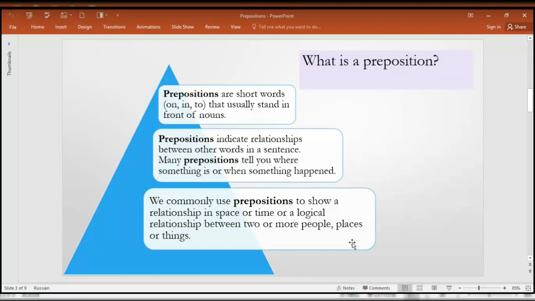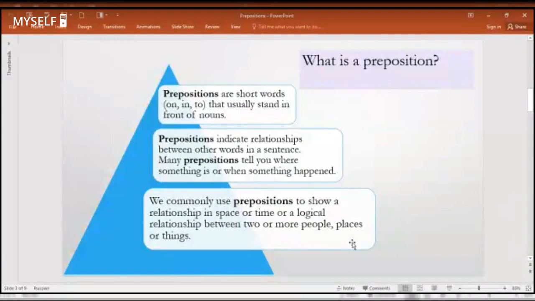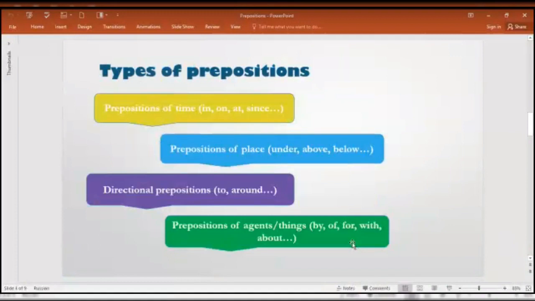We commonly use prepositions to show relationship in space or time, or logical relationship between two or more people, places or things. And prepositions are divided into four types.